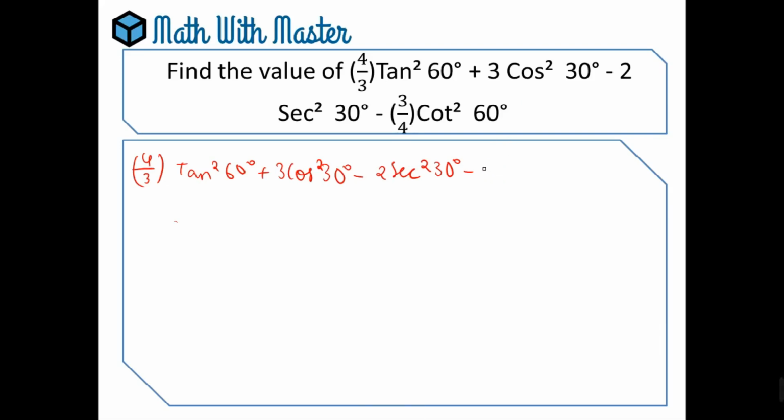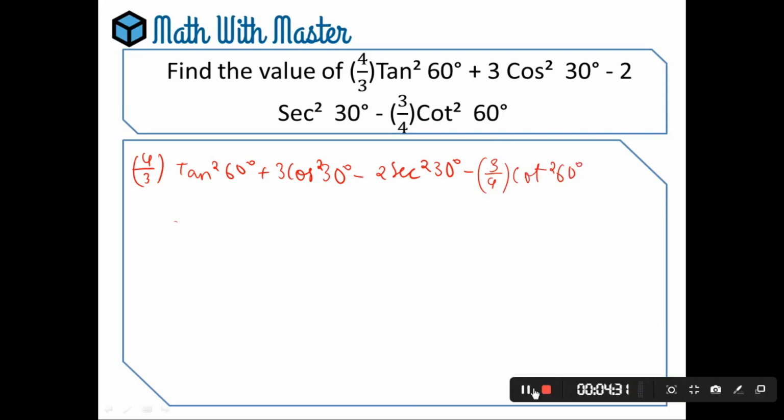minus 3 by 4 cot square 60 degrees. Now we have to find the value of this.